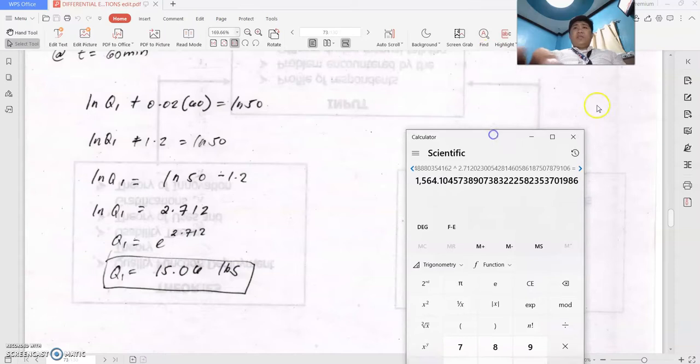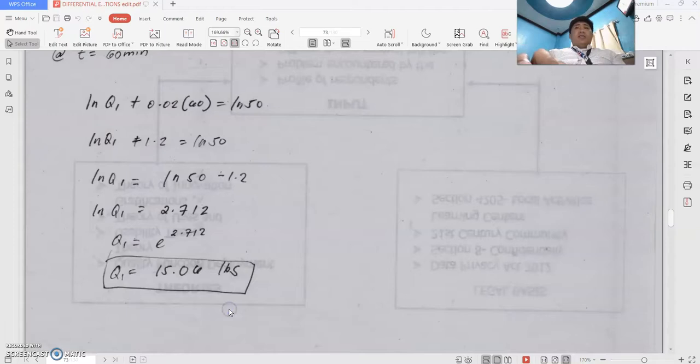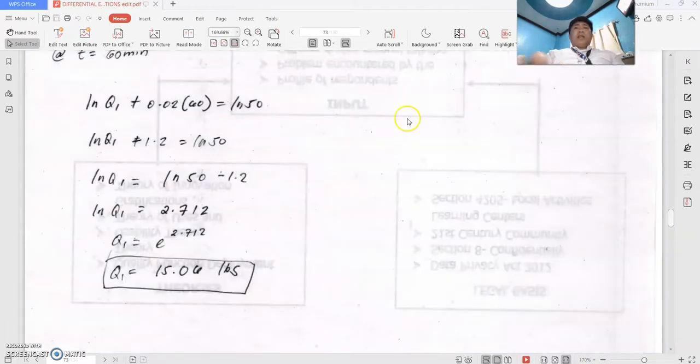So if you could see, the amount of salt decreases from 50 pounds to 15.06 pounds after an hour. Na-prove na nato nga mo decrease ang salt since water ang ningsod ug wala nay salt solution or brine solution ang ning sulod.